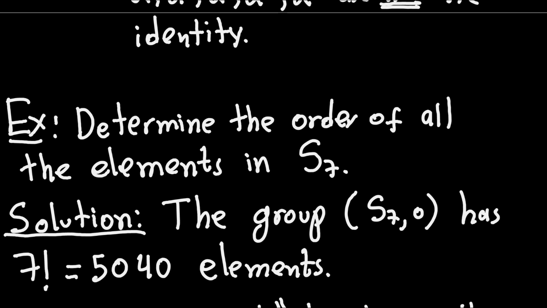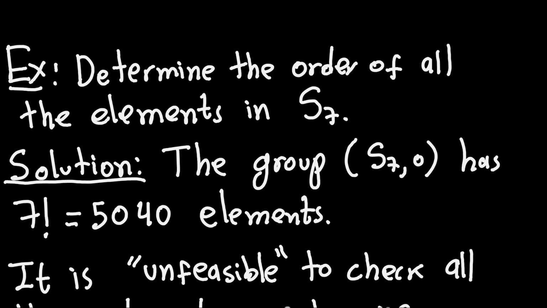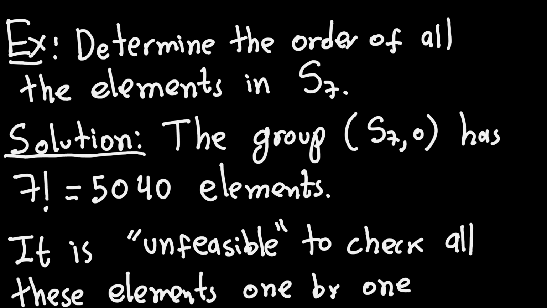Alright, a little more interesting example using this theorem would be this one. Determine the order of all the elements in S7. In the previous example, we looked at the order of one element. What we want to do here is look at the orders of all the elements in S7.